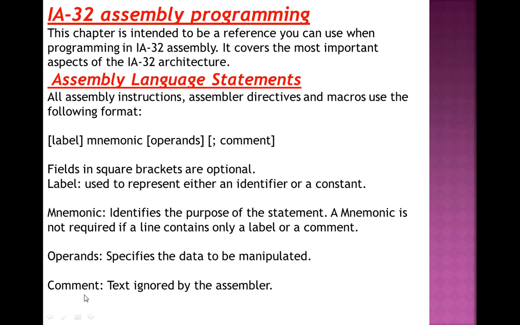Then comments are text ignored by the assembler. Suppose I am writing machine level language code and I am mailing the code to any other user. How will that third person capture all the aspects and terms?